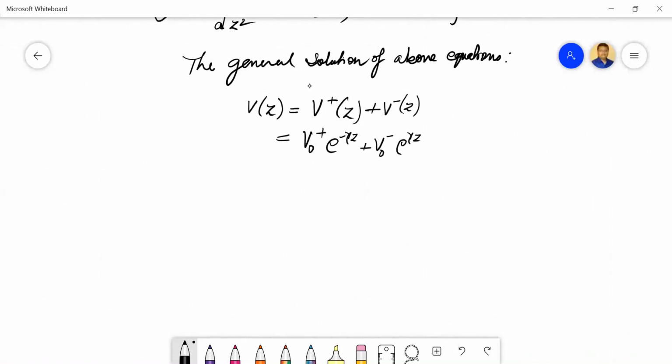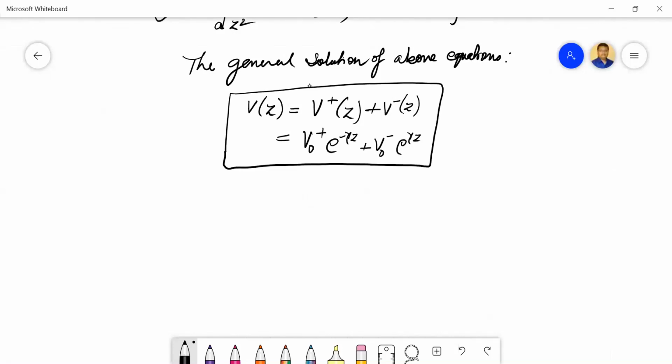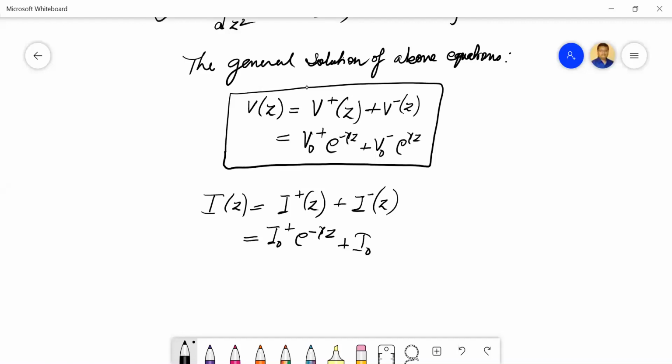And Iz is I plus of z plus I minus of z, or expanded, I naught plus e to the power minus gamma z plus I naught minus e to the power gamma z.